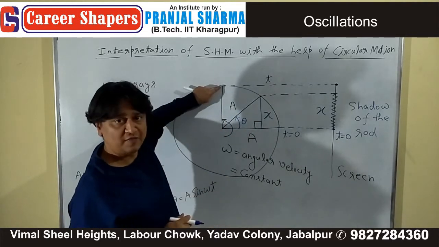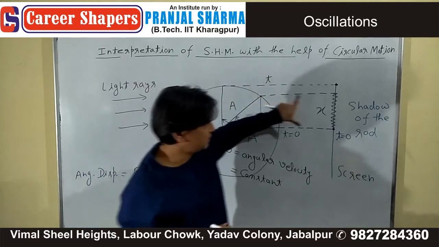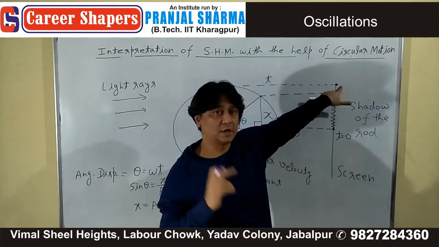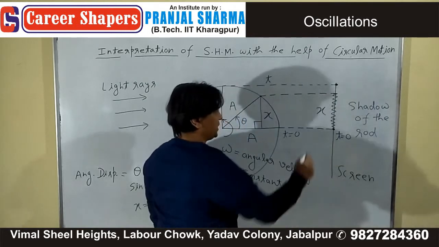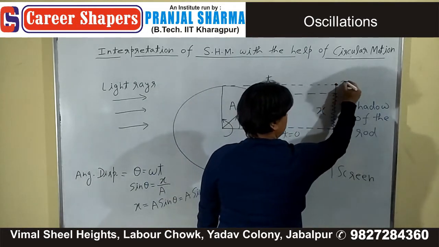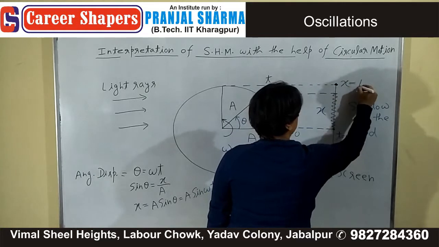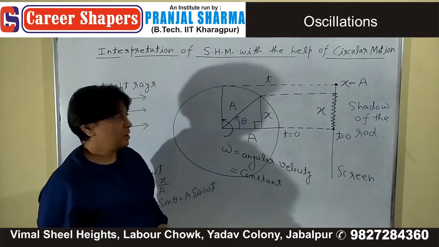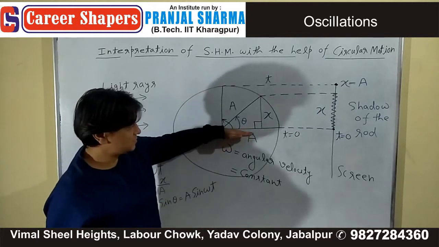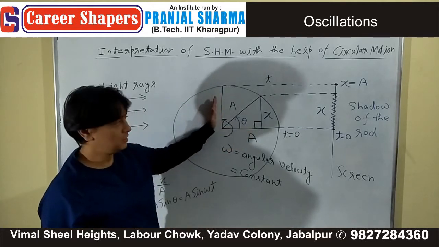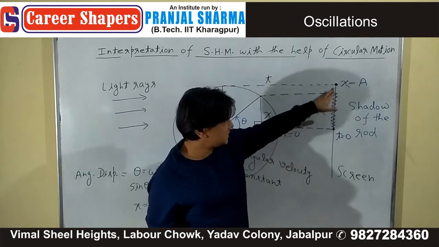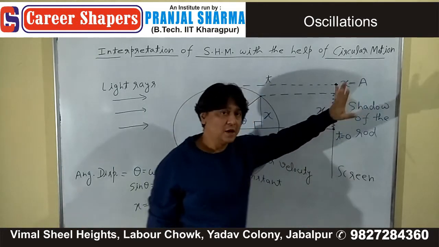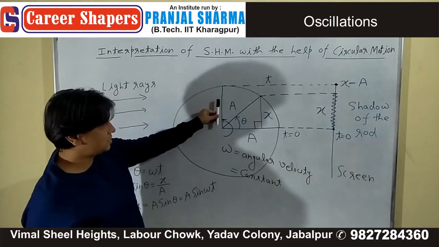This is the rod of length A. And therefore, you see that from here to here, length is what? Capital A. Which means at this point, your x becomes what? Capital A. When this rod has completed 1/4 circle, shadow, its tip is over here and x equals capital A.